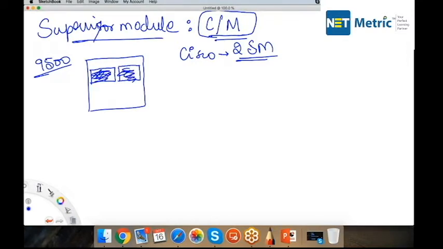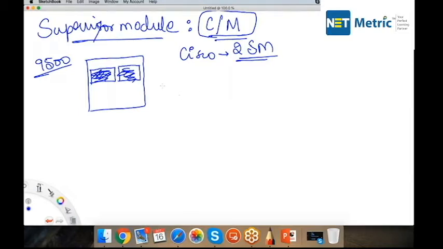So all your management ports, your console port, USB ports, everything is present on the supervisor module. It's the brain of the device. Because this is such an important module, every single 9500 modular chassis, as of now, will always have two redundant slots into which you can insert the supervisor modules.